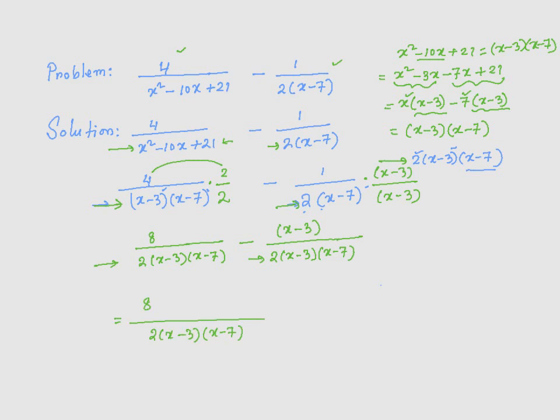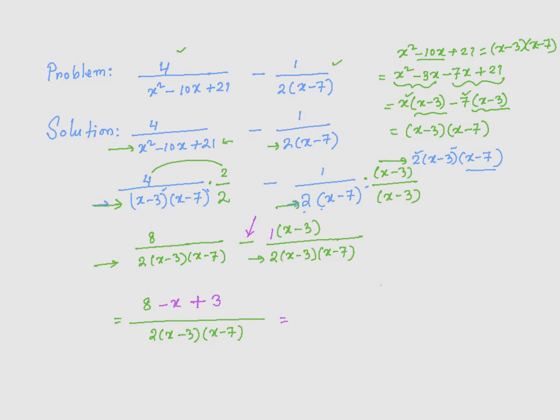Now, minus here, so pay attention to this, okay? I'm going to use a different color to emphasize this fact. Minus here has to be distributed. It's like negative 1 in front. So negative 1 times x is negative x, and negative 1 times negative 3 is positive 3.